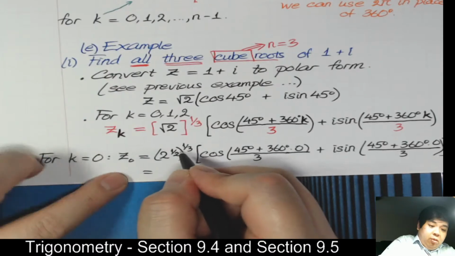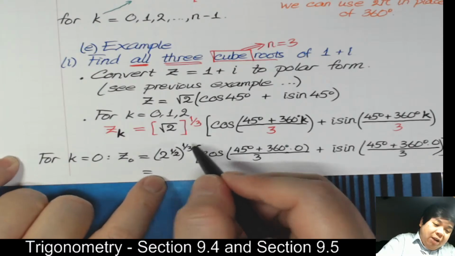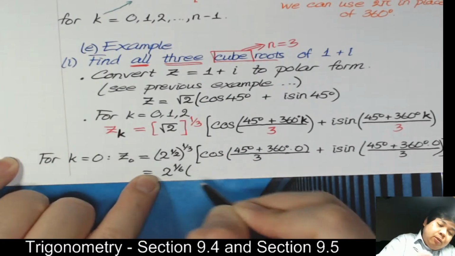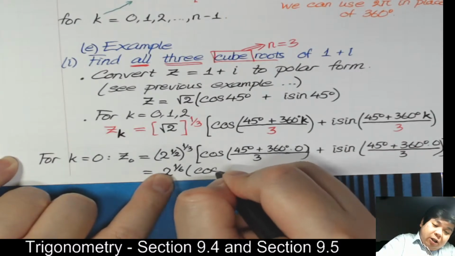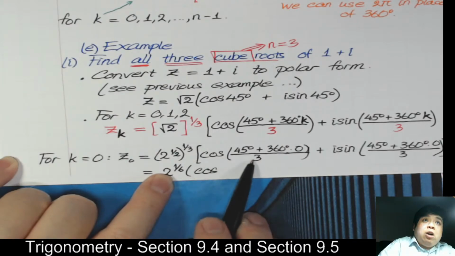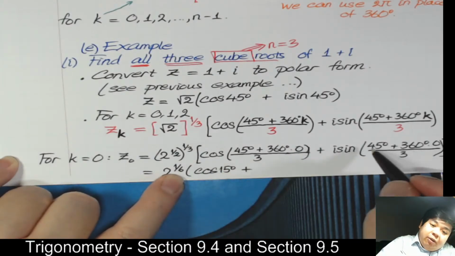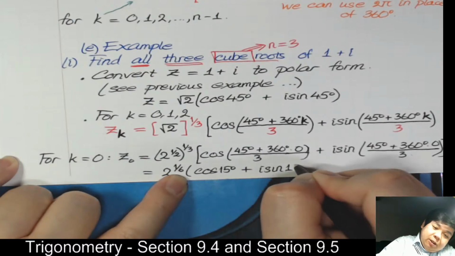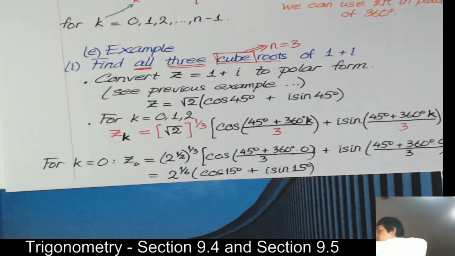Raise the power to another power, we multiply the exponents. 1/2 times 1/3 is 1/6. And then we have cosine 45 divided by 3, which is 15 degrees. So there's one of them.